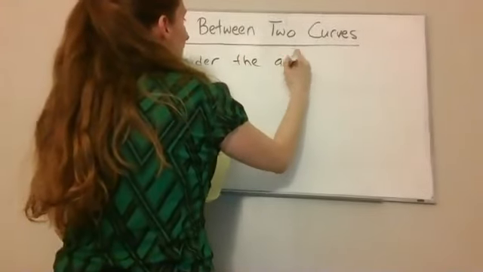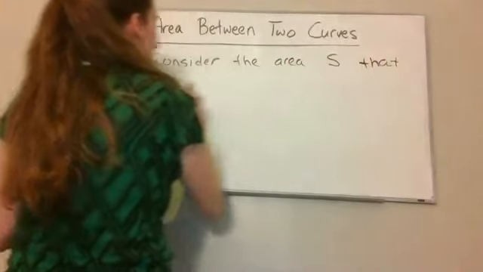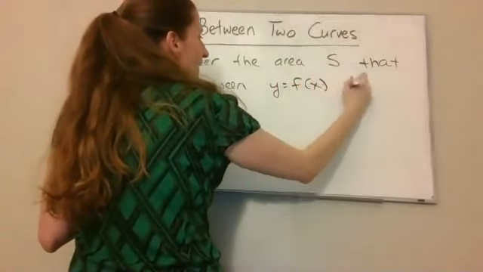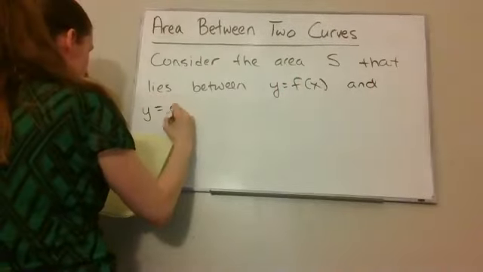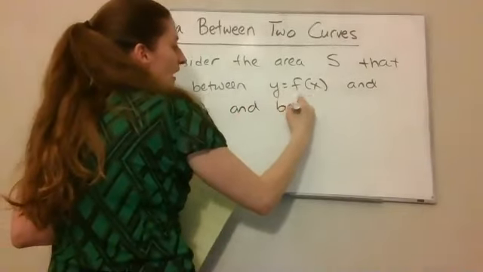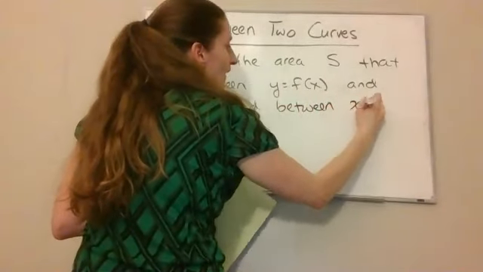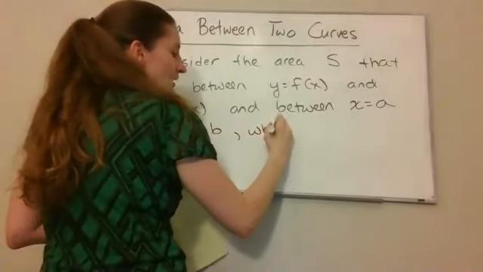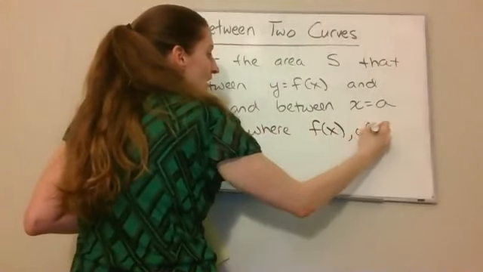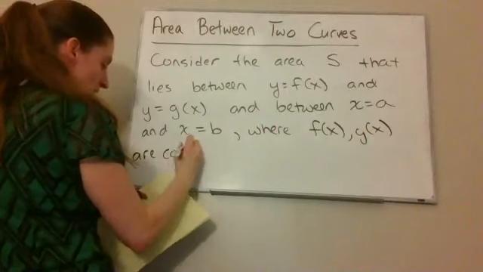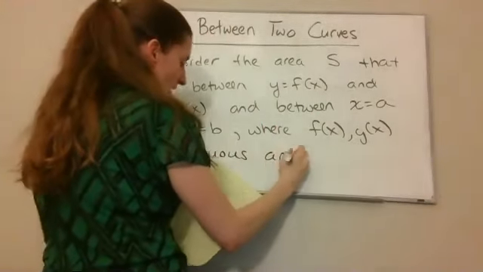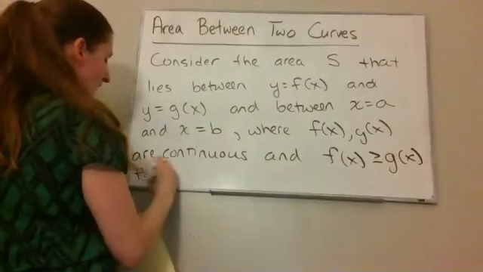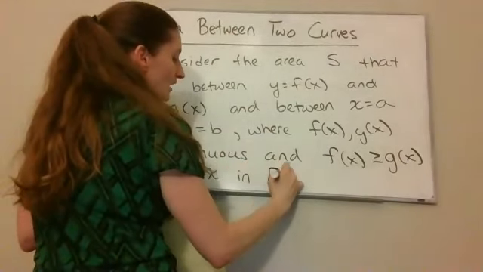So consider the area S that lies between y equals f of x and y equals g of x, and also between the vertical lines x equals a and x equals b, where our functions f and g are continuous, and f of x is greater than or equal to g of x for all x in the interval [a, b].